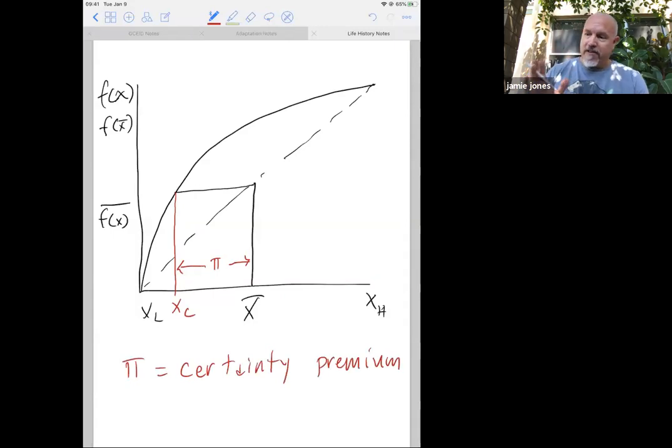It's the difference between these two points here, and it's the amount you'd be willing to pay, given a gamble, to get a certain outcome, x_c, which is the certainty equivalent of the gamble that you're playing.